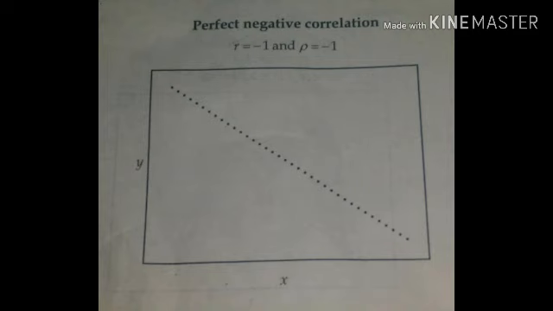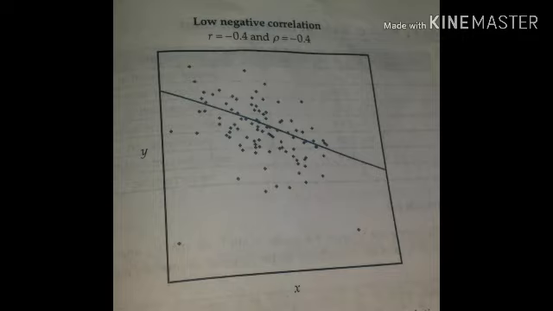The variables x and y have a weak positive or negative linear correlation if the value of r is close to 0.